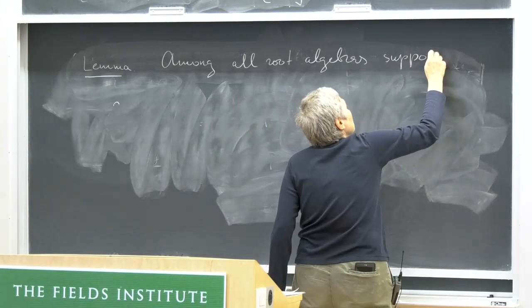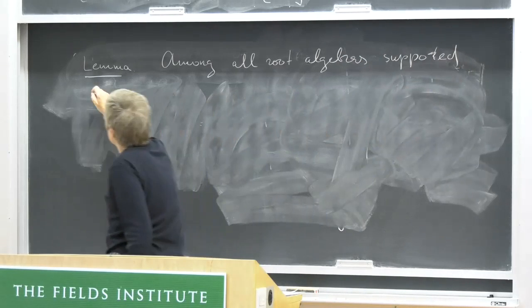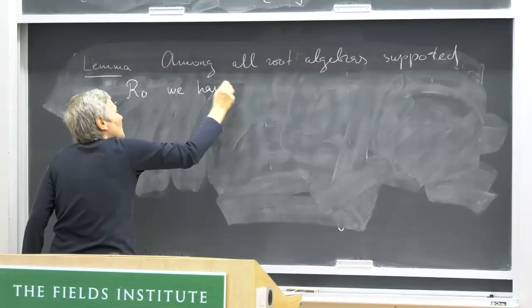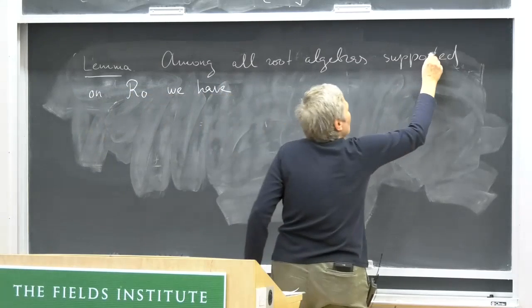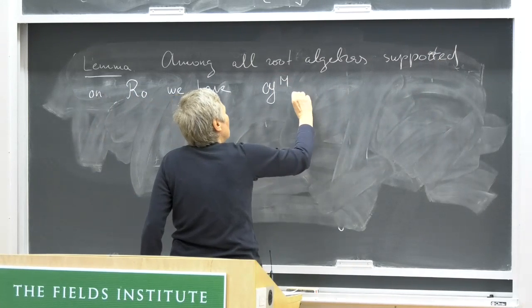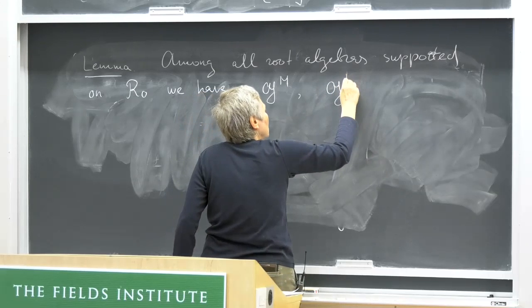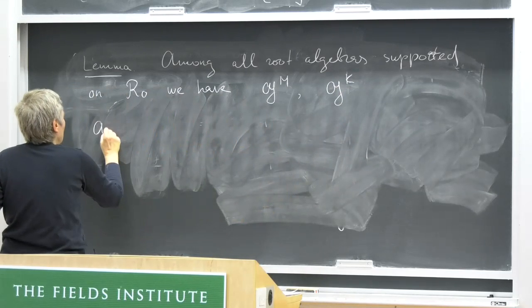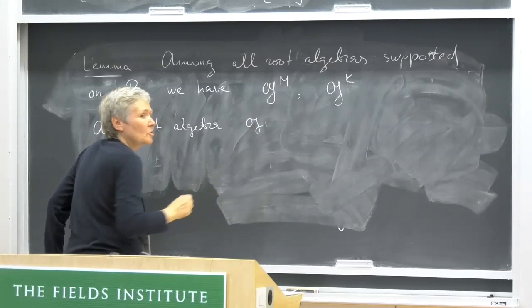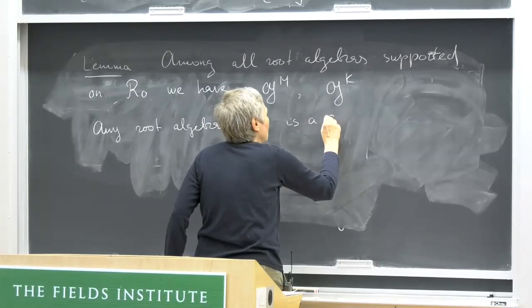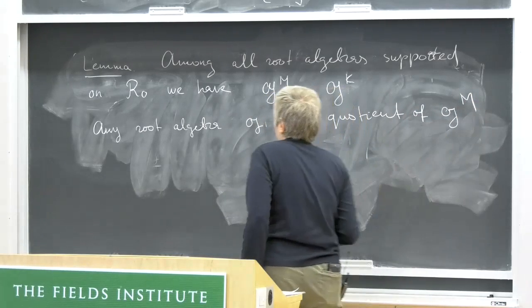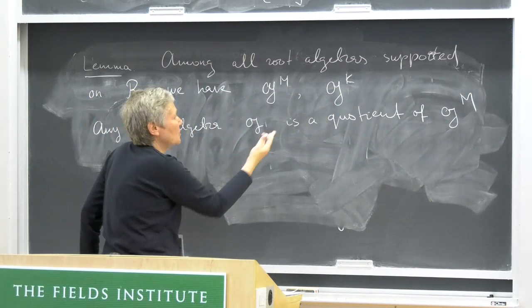When all root algebras are supported, we have GM and GK, and any root algebra G is a quotient of GM. And GK is a quotient of G.